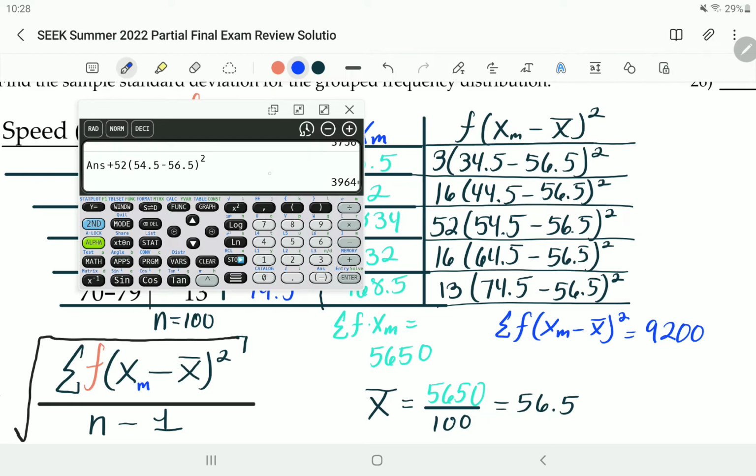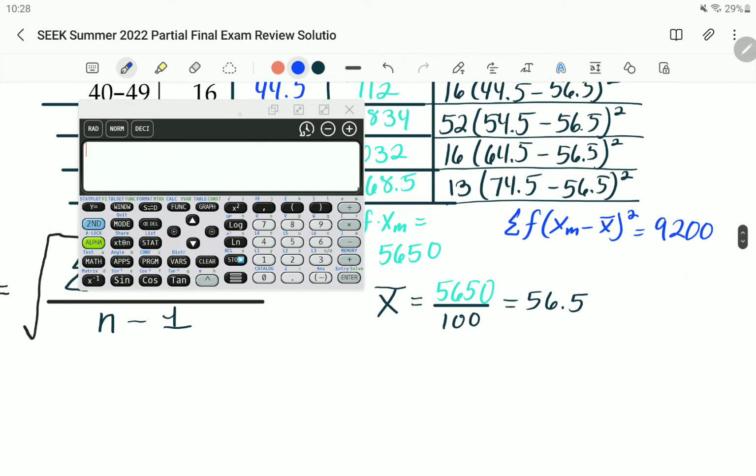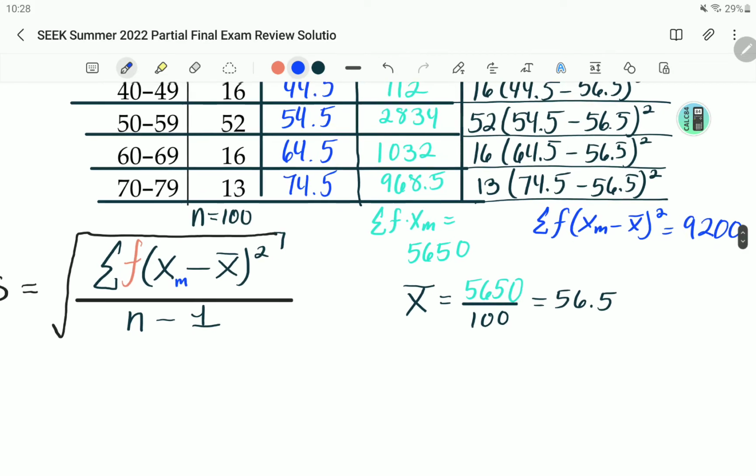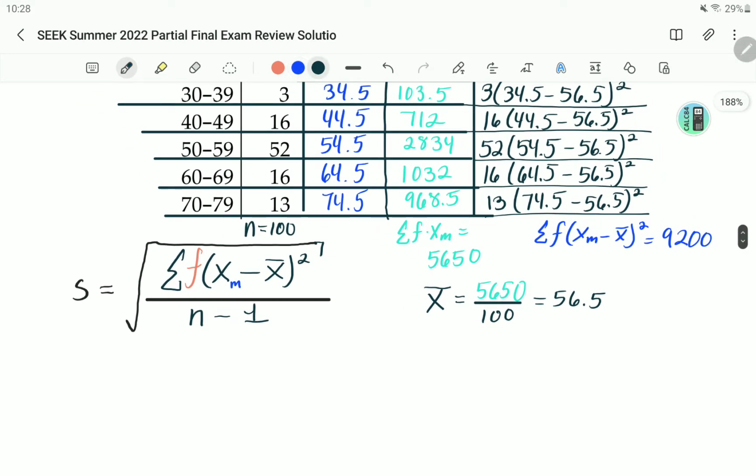Let's double check all our work. Okay. Now to finish computing the sample standard deviation, S is going to equal the square root of our numerator, which is 9,200, divided by n minus 1, the total frequency minus 1, 100 minus 1.